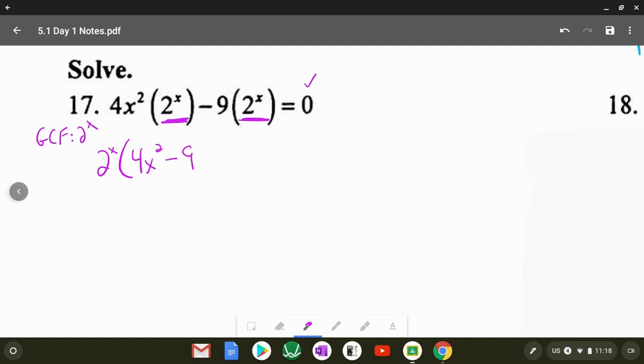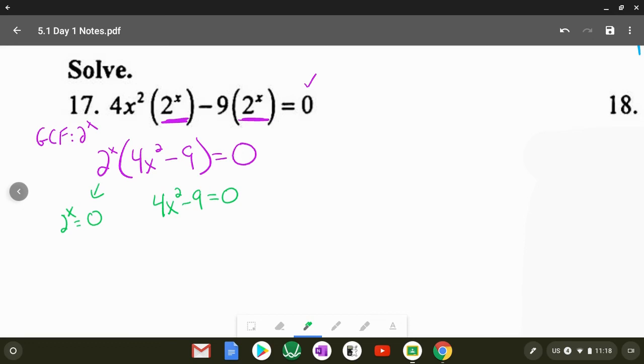Now that it's factored, you can factor it one more time on the inside if you want, because it's a difference of squares. But I'm just going to leave it there for now. Because it's factored, we can set each factor to 0 just as we would any other time. So 2 to the x equals 0. 4x squared minus 9 equals 0. And then we can solve for each variable.